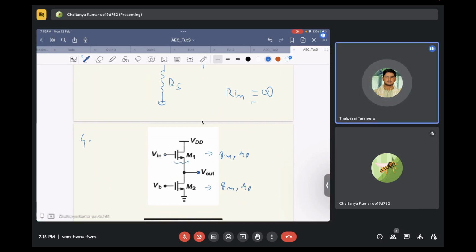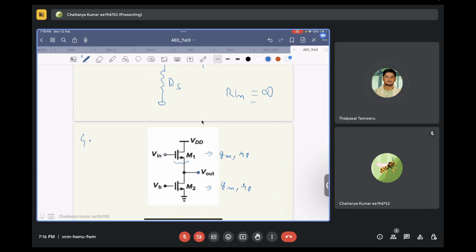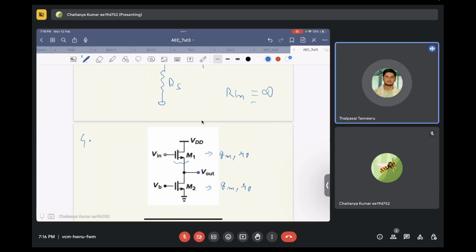So what will happen to the gain of the circuit? It would be inverted output. Output would be one, sir.